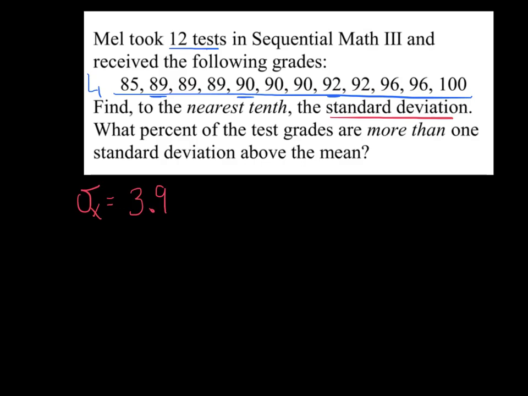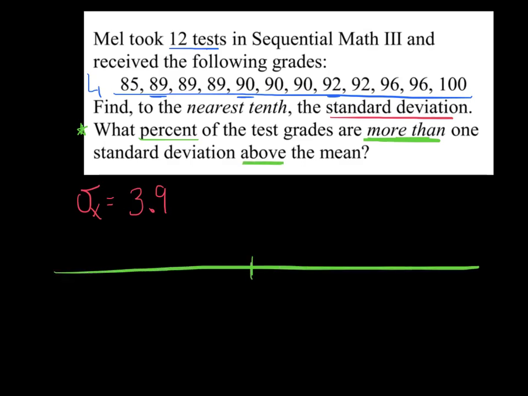Now here's the real question that I want to get at here. What percent of these test grades are more than one standard deviation above the mean? Above, again, above. So here's my number line, right? Now, last question we did within one standard deviation, so we went one below, one above. But this time, let's put your average on 91.5.